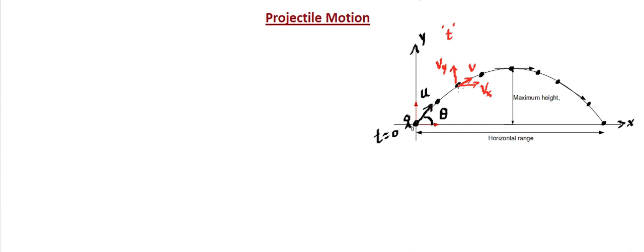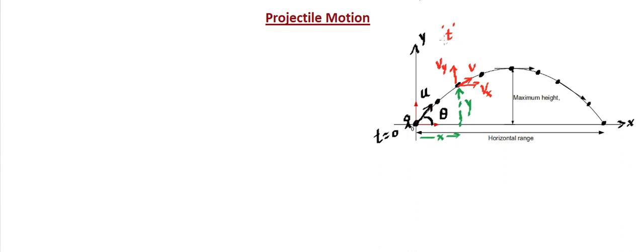In order to get the location, we can drop perpendiculars, and if we consider this as the origin, this will be the y coordinate. So this is the y displacement in the upward direction, and this will be written as x. So the particle travels an x displacement in the horizontal direction and a y displacement in the vertical direction during the time duration of t seconds.